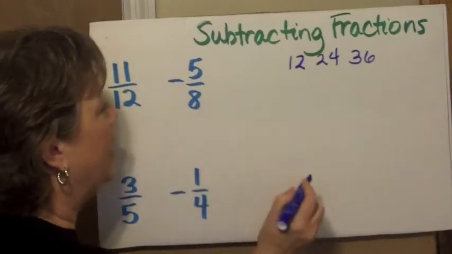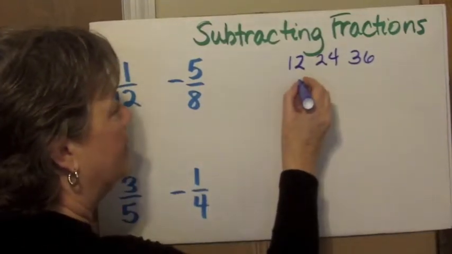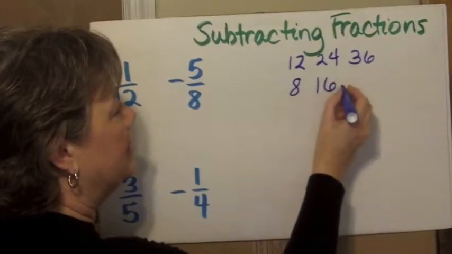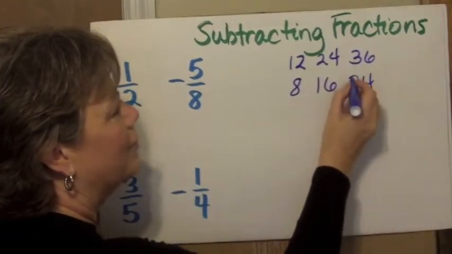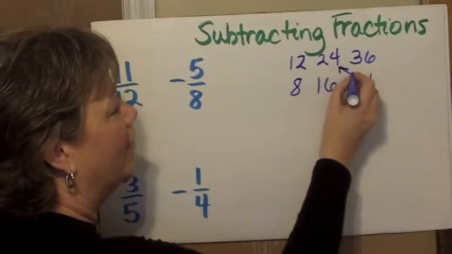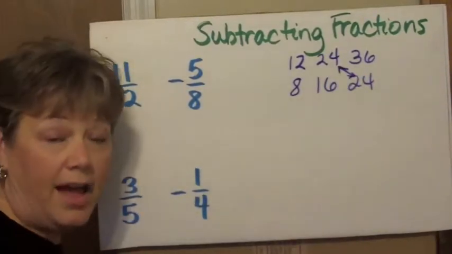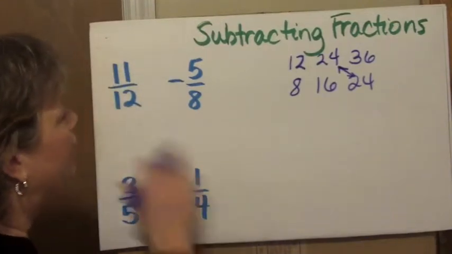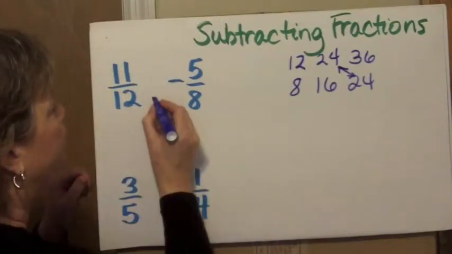Then I'm going to go to my eighths, and I'll skip count eighths. 8, 16, 24. So now I've gotten there. The first number I've come to that's alike is the least common multiple. So the least common multiple for these two numbers is 24.